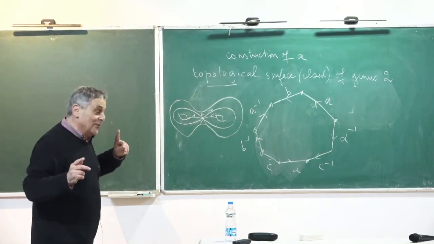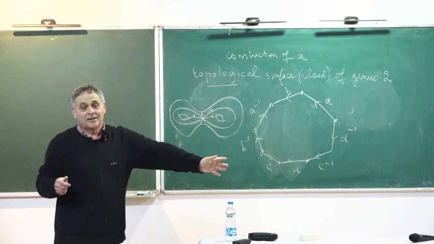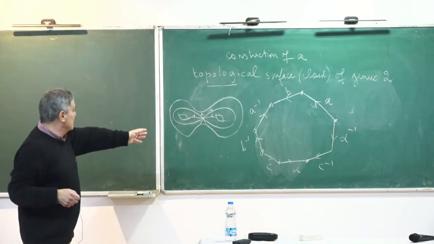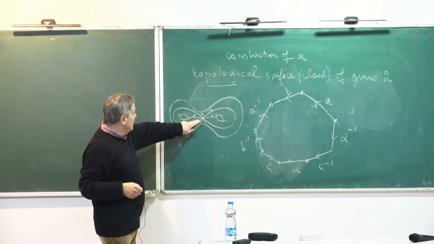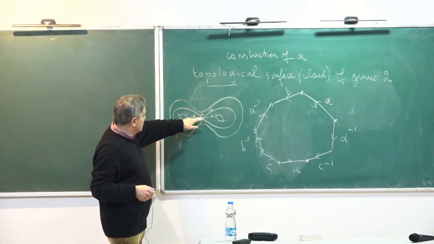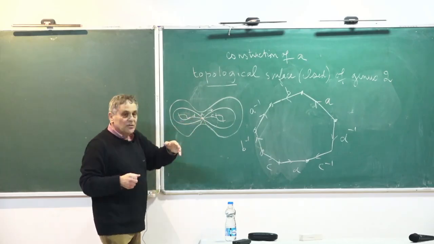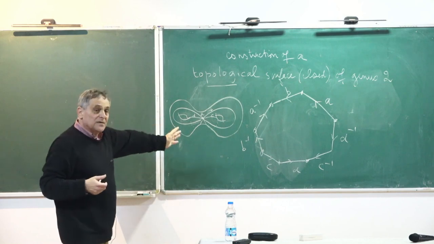In fact, you can visualize this very easily if you do the inverse operation. You start with this picture, and then you imagine cutting the surface along these 4 closed curves, gradually. First, you cut along this, and you try to draw the surface you obtain.